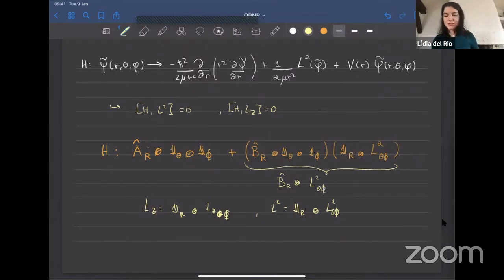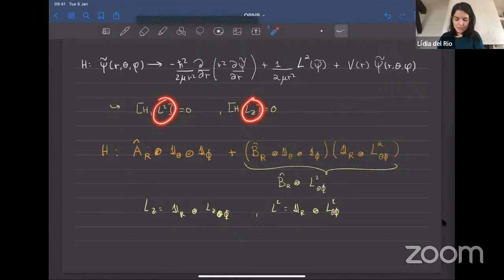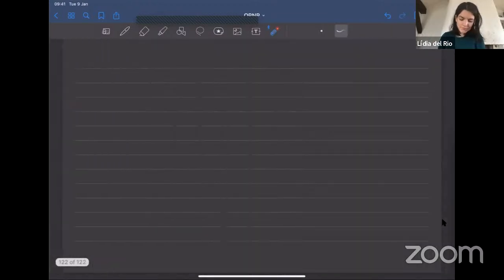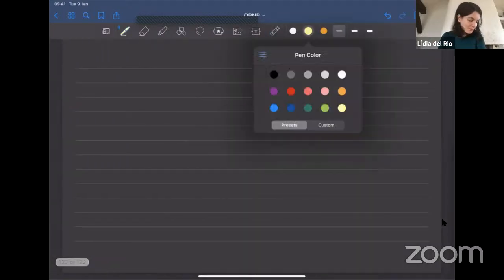So why is this good? This is good because now we know that they share a basis of eigenstates, right? If they commute, then the eigenstates of Lz and L squared are also eigenstates of H. So this is great. So now what we have is 3 equations for eigenstates.